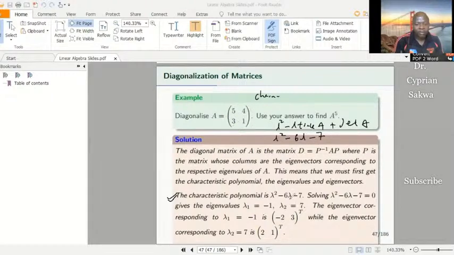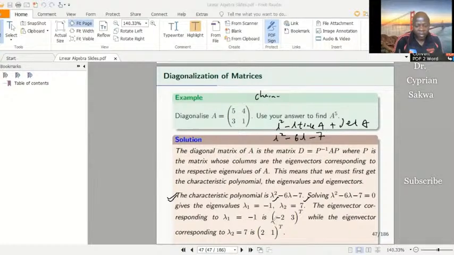The determinant is 5 minus 12. So when you put this to 0 and solve for lambda, you get that lambda 1 will be -1 and lambda 2 will be -7. Now we know how to get the corresponding eigenvectors, and I've already shown that in a previous video.